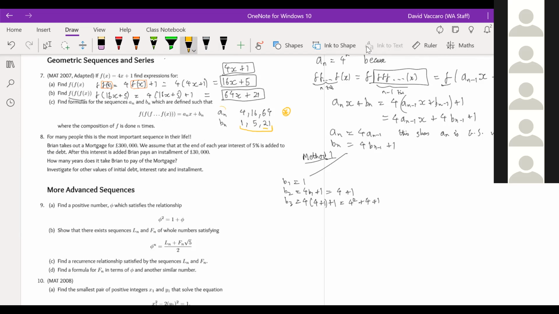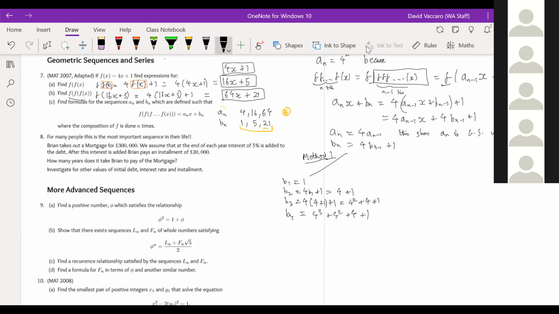So this 21 is better thought of as 16 plus 4 plus 1. And then b4, we multiply by 4, so we get 4 cubed plus 4 squared plus 4 plus 1, and so forth.